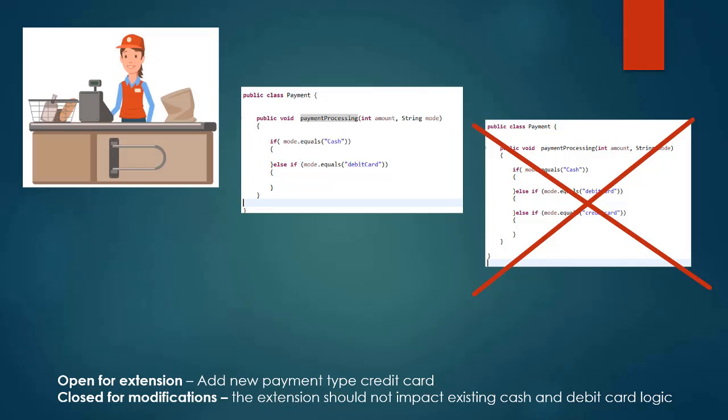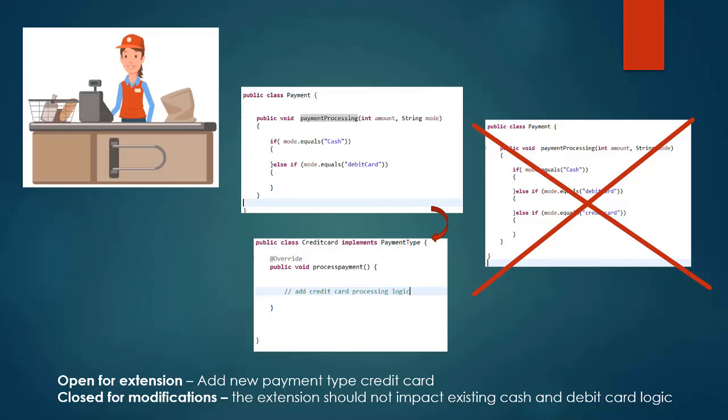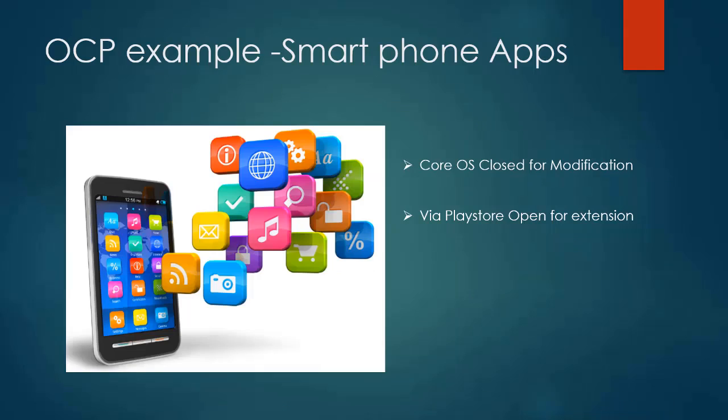The OCP principle will guide you on how a new feature can be added without impacting the existing business logic. Typically, you do this with the use of an interface and you implement the interface. Later in the course, we will be doing a deep dive into the solution and see how to achieve this extension via the OCP principle. At this point, just try to get a big picture of OCP.